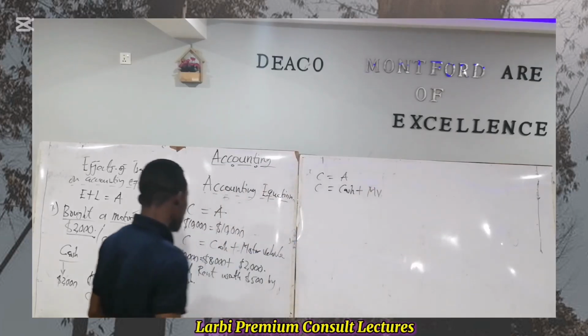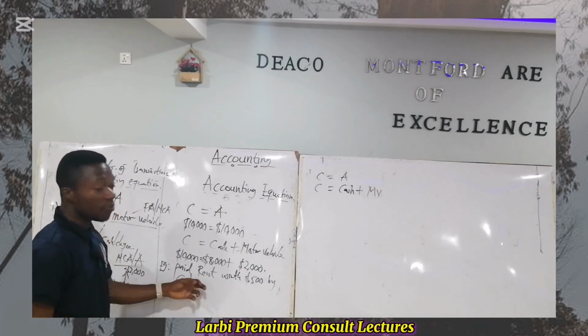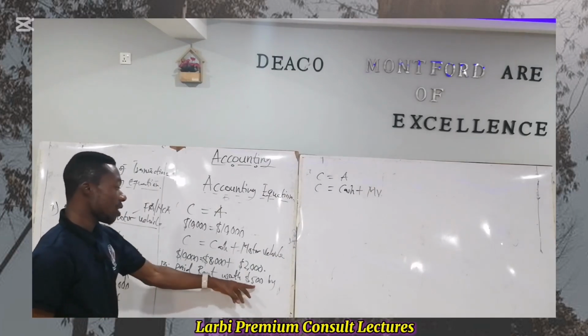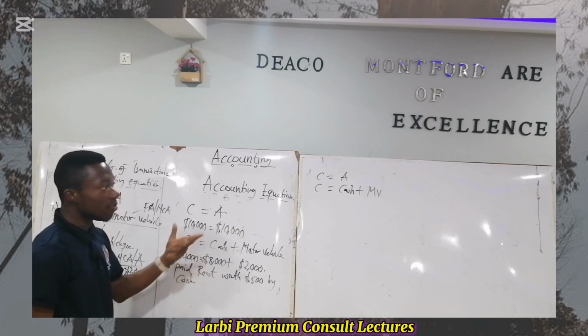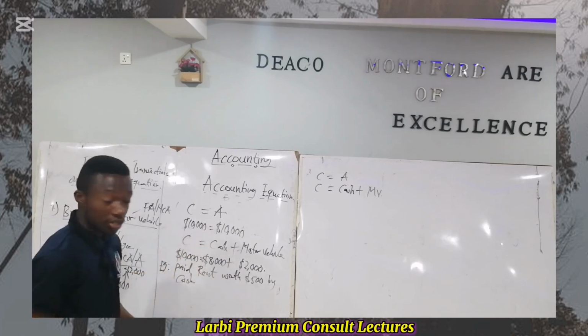And now we have paid rent worth $500 by cash. So what is the effect of this on the accounting equation?